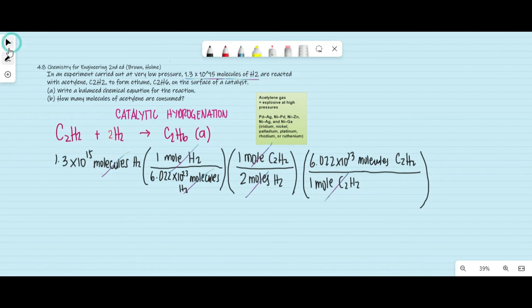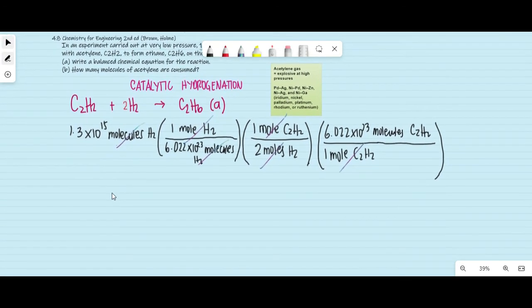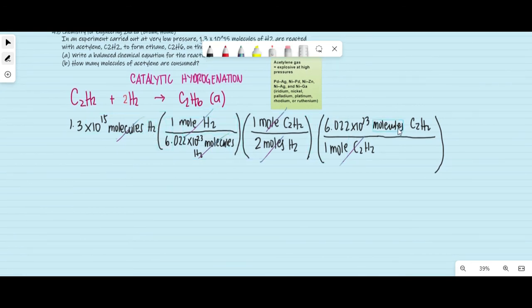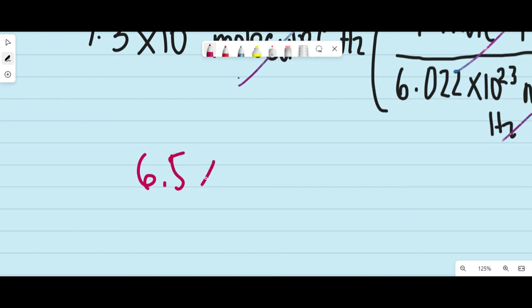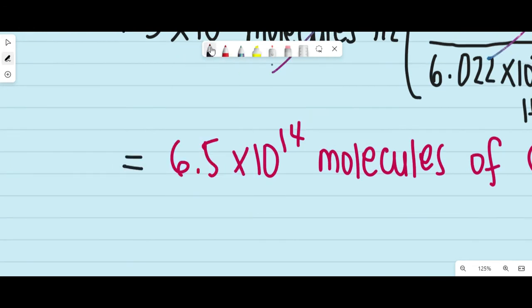Well, this problem is pretty simple, but we have to remind ourselves that this method is simply to ensure that we are dimensionally consistent and that we come up with the right units that the problem is asking for. Using our calculator, we get the number of molecules of acetylene consumed, and that is 6.5 times 10 to the 14 molecules. And that's it. Our problem is solved.